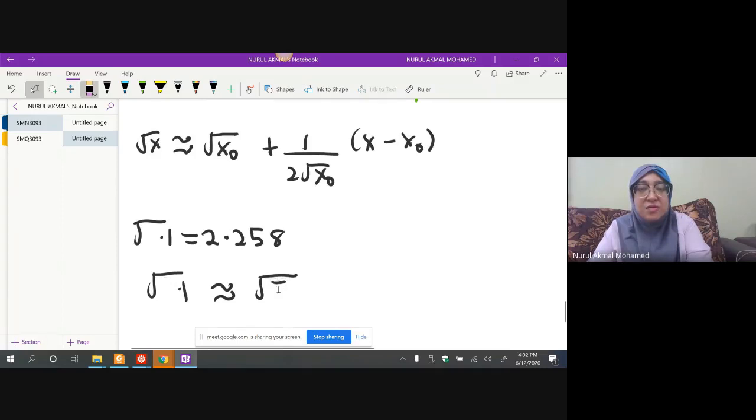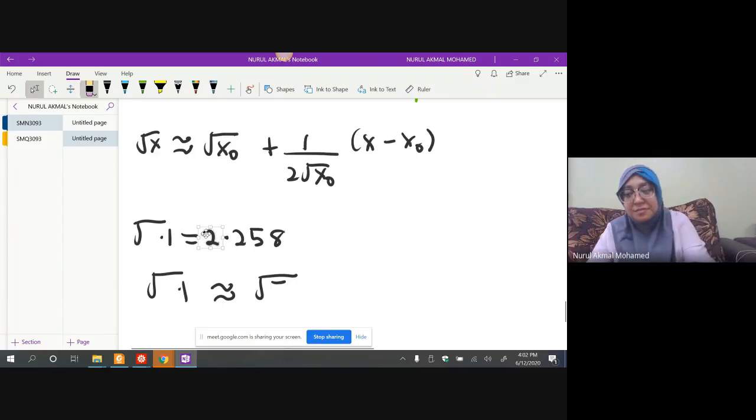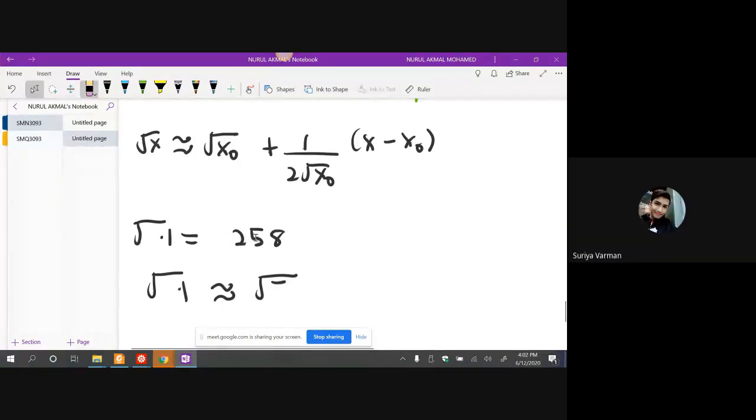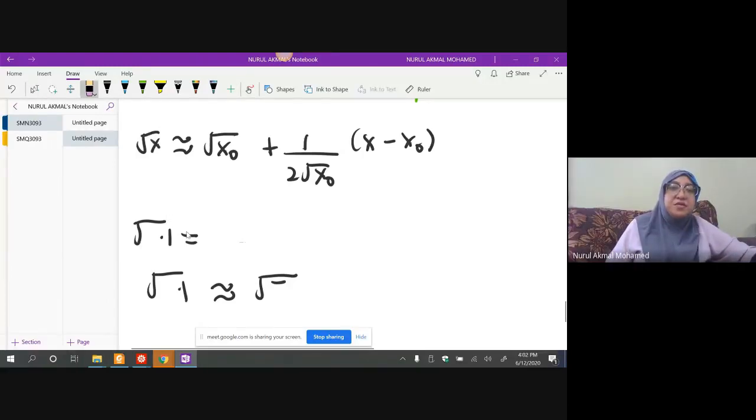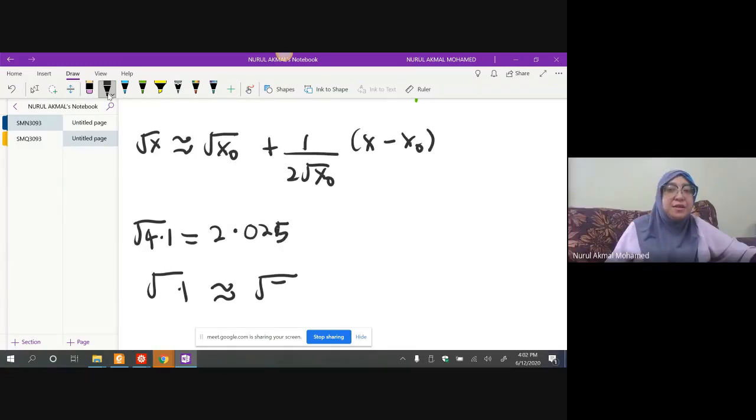Let's change the question to 4.1. So the square root of 4.1 is 2.025.